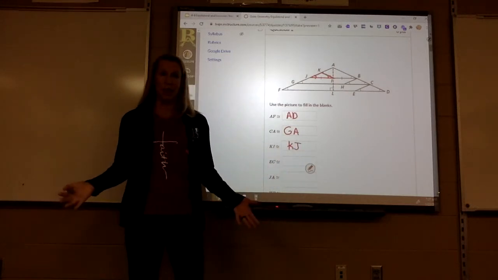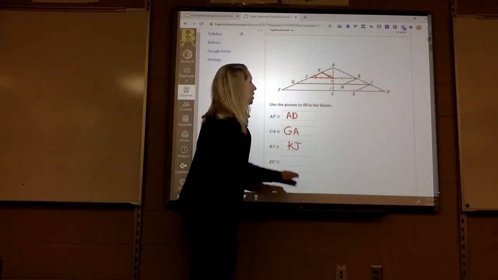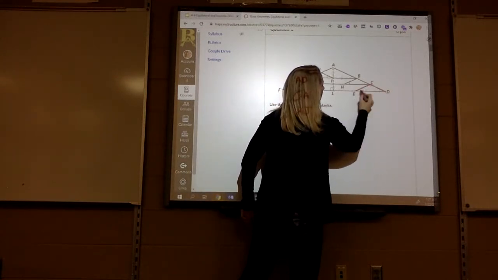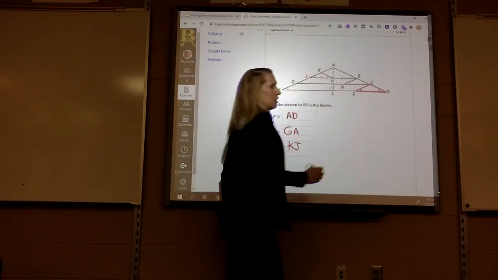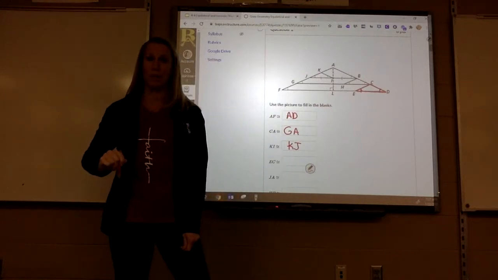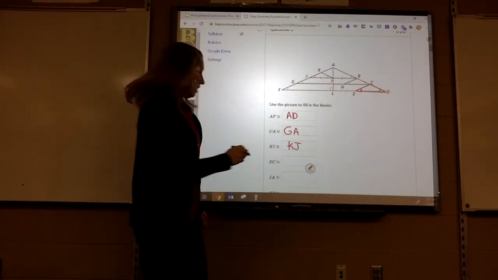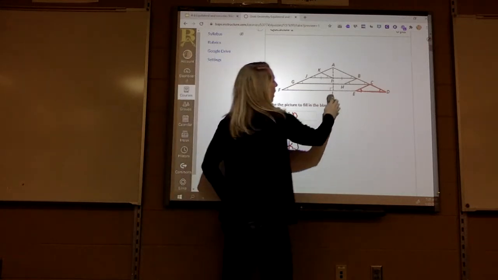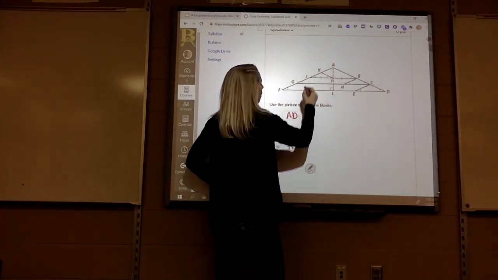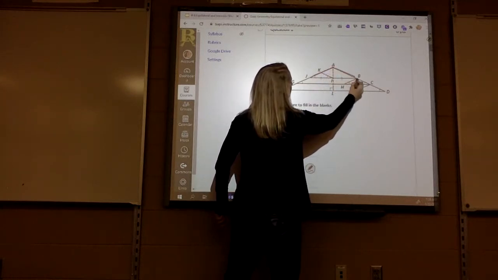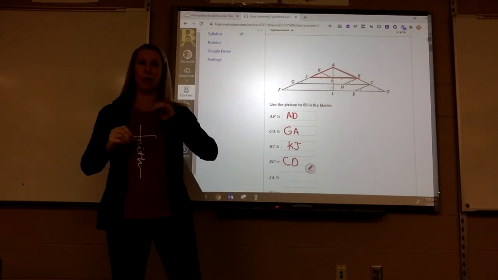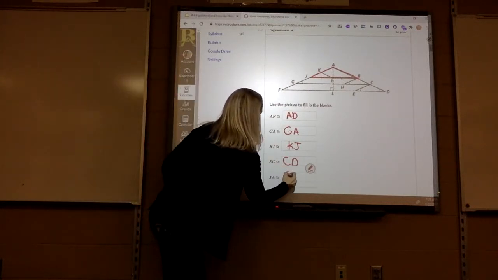Are you starting to get the hang of it? Let's look at EC. EC is this triangle. So which side would EC equal? I hope you said CD. And then you're going to look at JA. So JA is right here, which would go with this triangle. So JA would be BA.